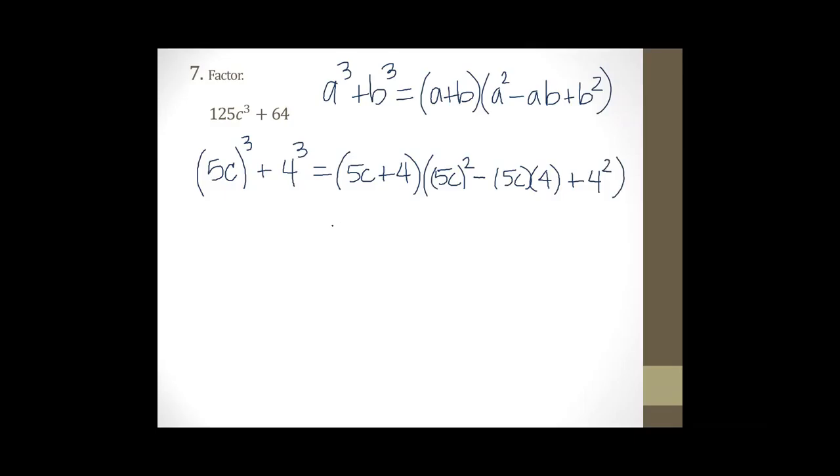So now let's clean this up. So we have 5c plus 4 times 25c squared, minus 5c times 4 would be negative 20c, and then 4 squared is 16.